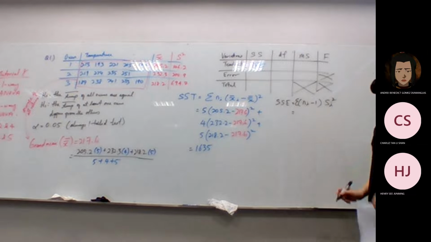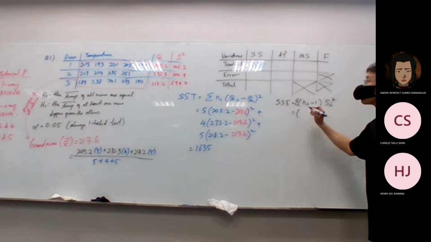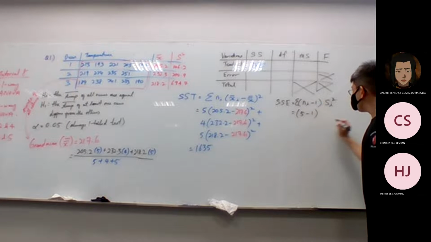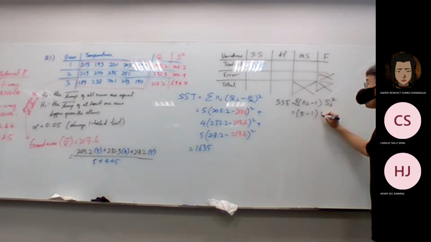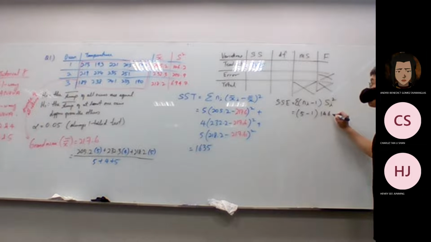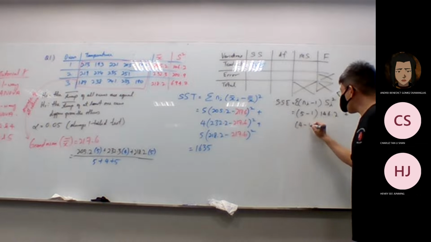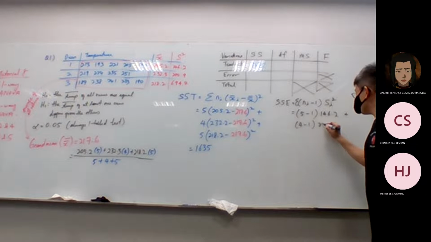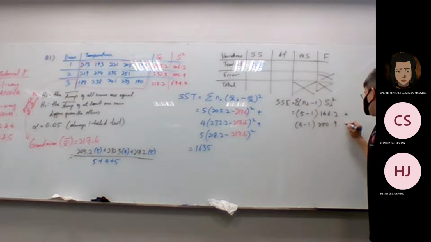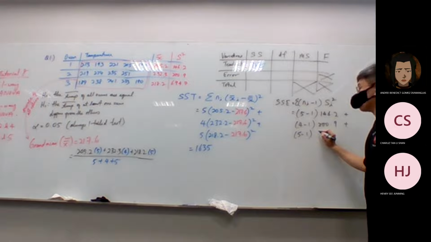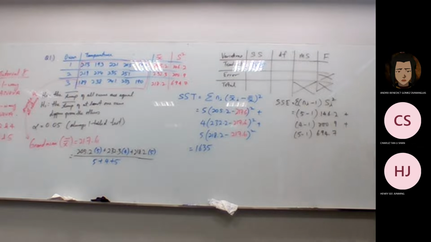So here what you have is 5 minus 1 multiplied by 146.2, plus 4 minus 1 multiplied by 200.9, plus 5 minus 1 multiplied by 694.7.